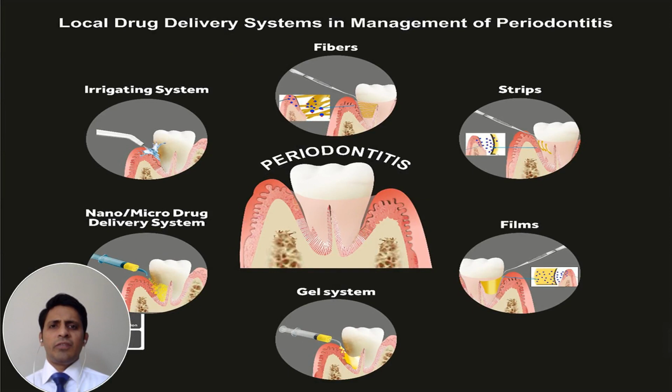The local drug delivery systems are available in a number of forms like fibers, irrigating systems, strips, films, gel systems, and nano or micro drug delivery systems. Now we will see them one by one.